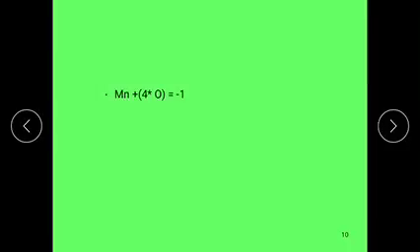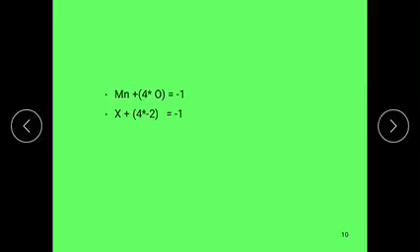Then manganese plus 4 into oxygen is equal to minus 1. Let us assume manganese is X, plus 4 into the oxidation number, minus 2, is equal to minus 1.